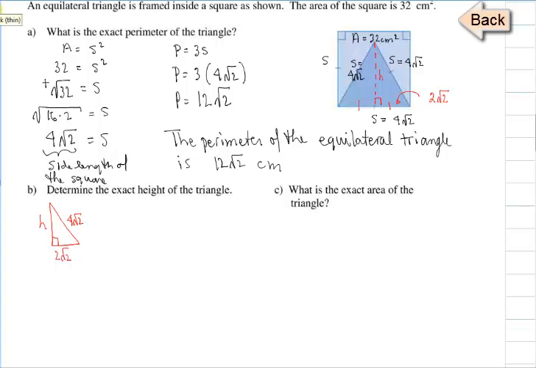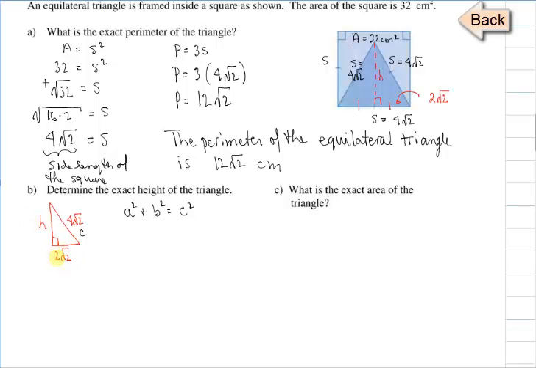So by now you should be thinking Pythagoras' theorem, because we have a right triangle. And we know that the hypotenuse is always designated as c, so our formula is a squared plus b squared equals c squared. Now a and b can be any of these two sides, right? It doesn't matter whether the side which we're calling h is a or b.